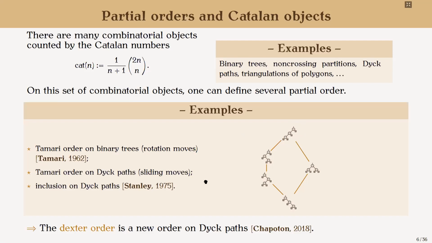And also we can change the partial order and not change the set of elements that we are looking at. This is the case for the Stanley order on Dyck paths, for instance, where this is an inclusion on Dyck paths. We give the partial order.